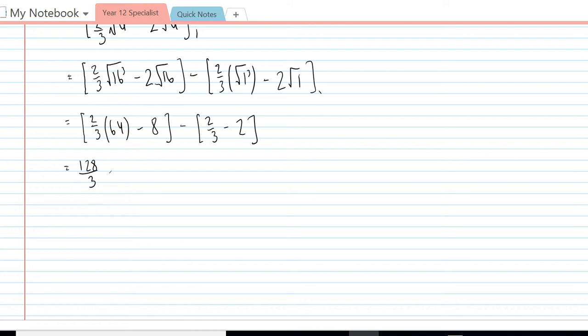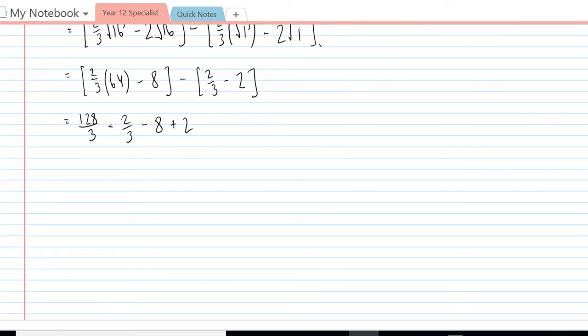I'm then going to subtract the 2/3 because they have a common denominator. I'm also going to have a minus 8 and a plus 2 when I expand that all out. And so finally, I've got 126 on 3, which works out to be 42, minus 8 and then plus 2, which gives me the answer of 36.